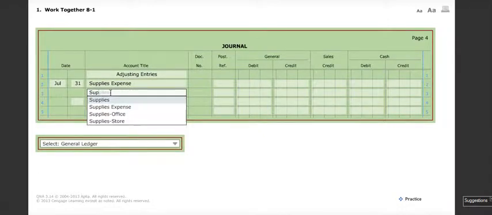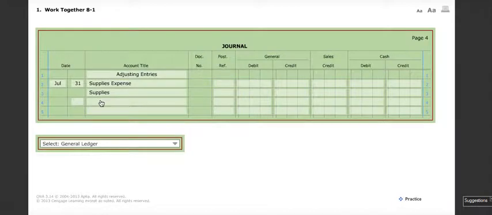My next one is going to say supplies. All right, so from my worksheet, supplies expense was a 713 debit, and supplies in general was a 713 credit. Now, the last thing I need to do is put in my post refs, which we will do when we go to post these to our general ledgers.